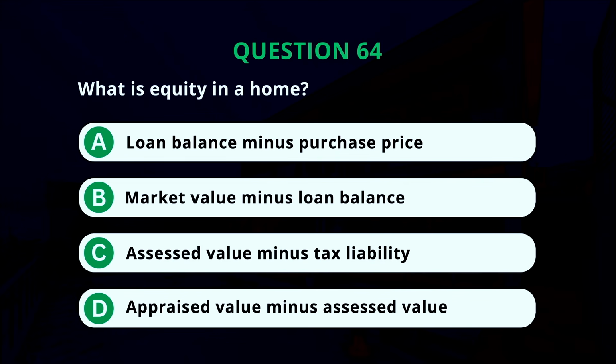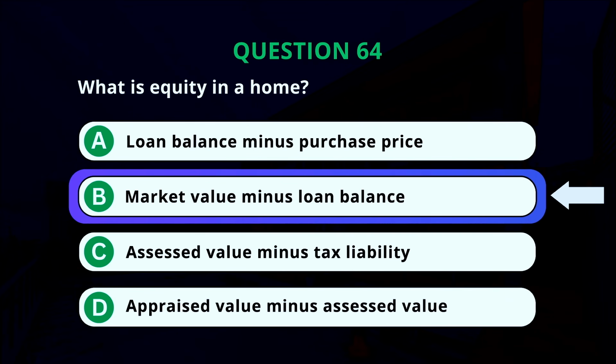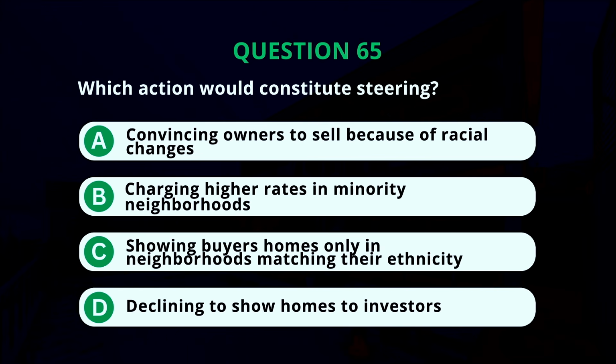And the answer? Letter B, market value minus the loan balance. So equity is a very simple equation. It's whatever the valuation of the asset is minus whatever you owe on the asset. The difference is equity. Very basic, but I wouldn't be shocked if you came across something like this on an exam.